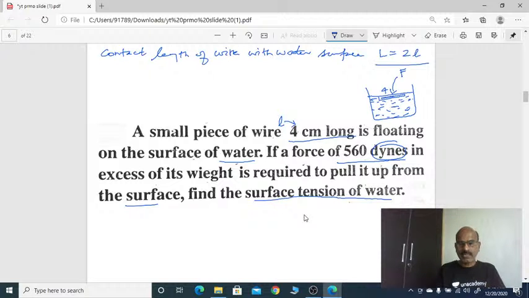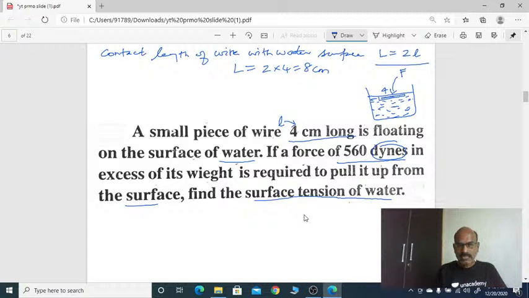So twice length, 2 into 4, you will get 8 centimeter. The contact length of the solid with the liquid surface. Right? When it is on the liquid surface, it has 2 surfaces on either side. So 2L.